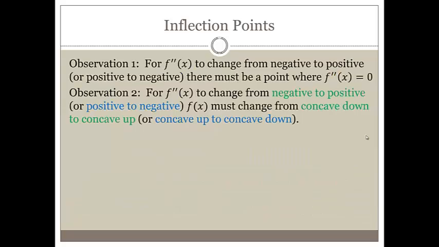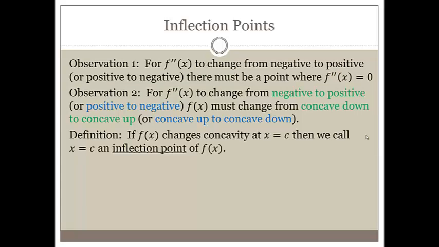These observations lead to our definition of an inflection point. We say that if f of x changes concavity at x equals c, that is, it changes from concave up to concave down, or concave down to concave up, then we call x equals c an inflection point of f of x.